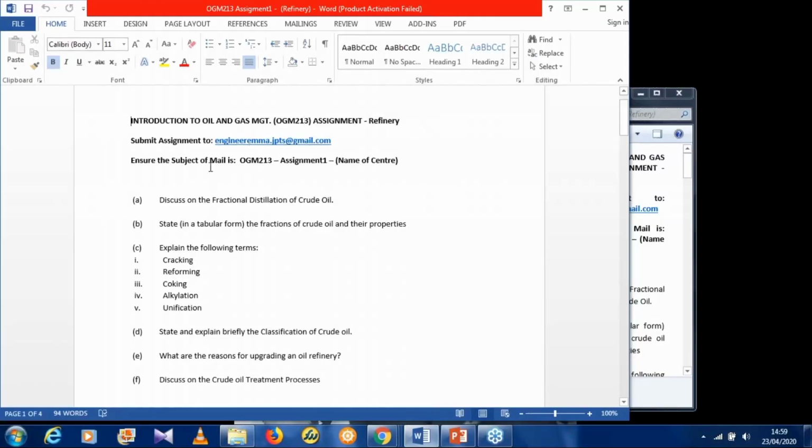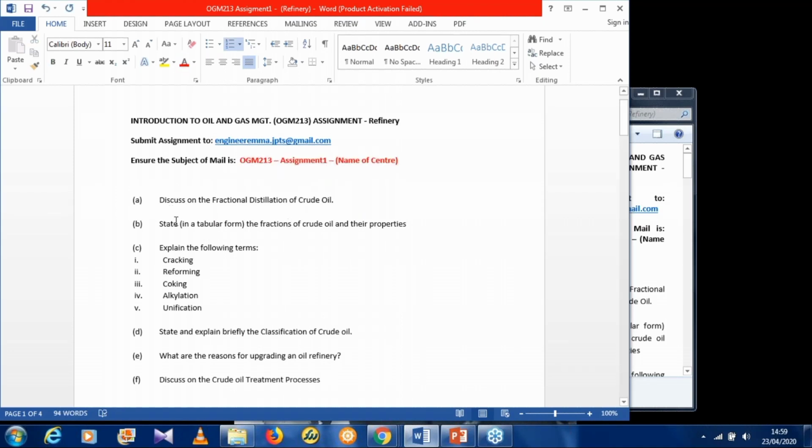Engineer.jpts@gmail.com, and make sure that the subject of your mail is OGM 213 dash assignment 1 dash your center. Then you also put your name in the mail that you are going to send. Okay, so make sure the subject is in this format, otherwise your mail will not be seen.